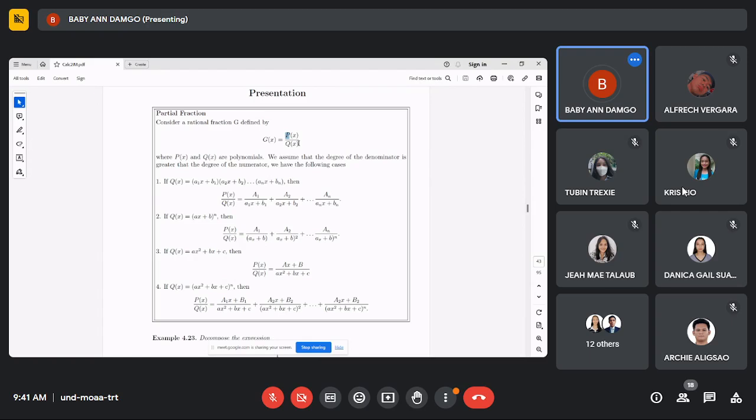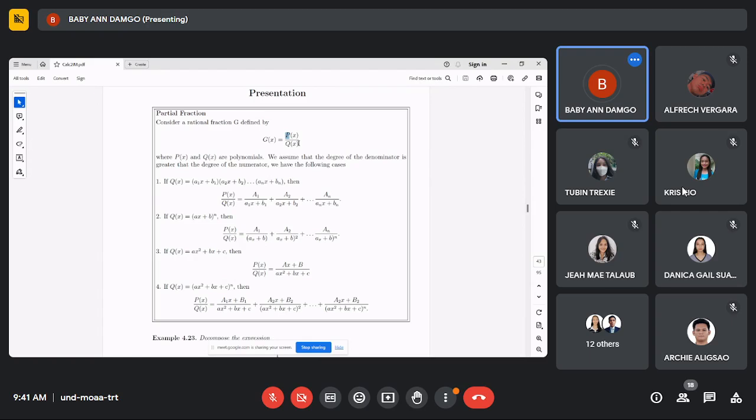Okay, so from case 1, we have negative 2 over the factors of x squared minus 1, this is x plus 1 times x minus 1.